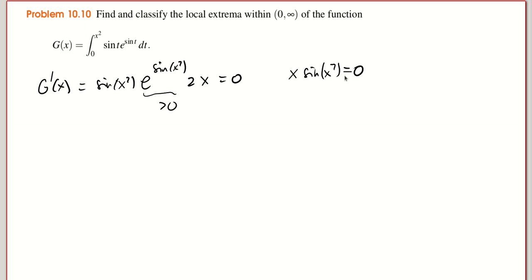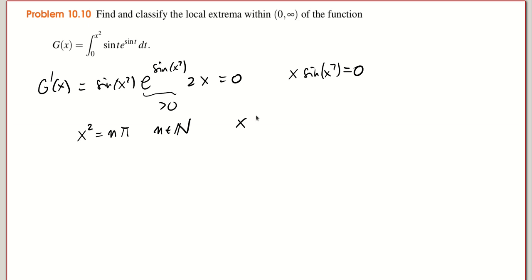Okay, so we have, of course, x equal to 0 is one root, right? One possibility, but that's out of the interval that we're trying to figure out, so we can ignore this one. And then the rest of them are the points where this is a multiple of pi, where n is any natural number.